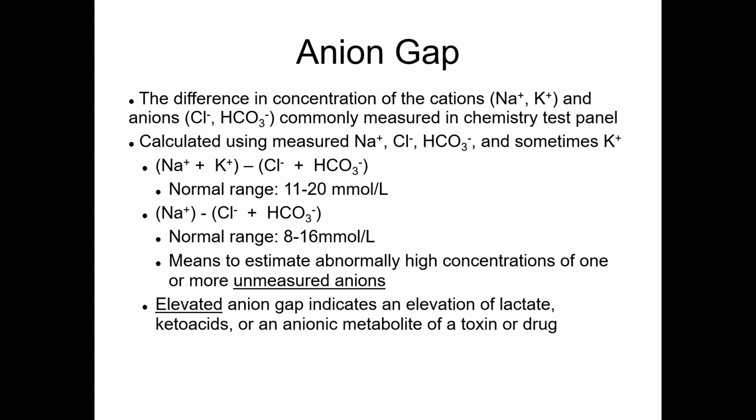It's a means to estimate abnormally high concentrations of one or more unmeasured anions. An elevated anion gap indicates an elevation of lactate, keto acids, or an anionic metabolite of a toxin or drug.